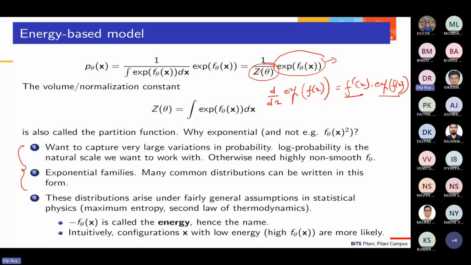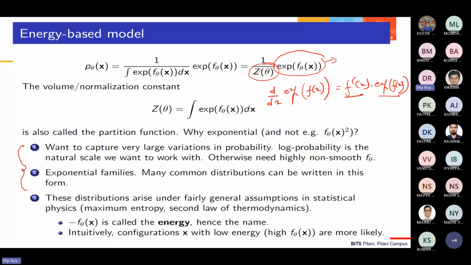For those who remember your physics, molecules tend to be stable in equilibrium at low energy. As the energy becomes high, the molecules are no longer stable. I'm just taking an example here; there can be a lot of other examples from physics.